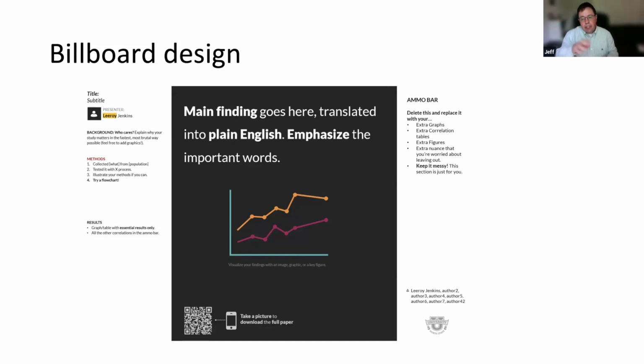Then on the left and right sides is where you include other information people might be interested in: the title, the presenter names, the background, the methods, the results, and other smaller, less important figures, and then listing the authors at the bottom. So you can see that this is a very different design than the first poster that I had shown you.